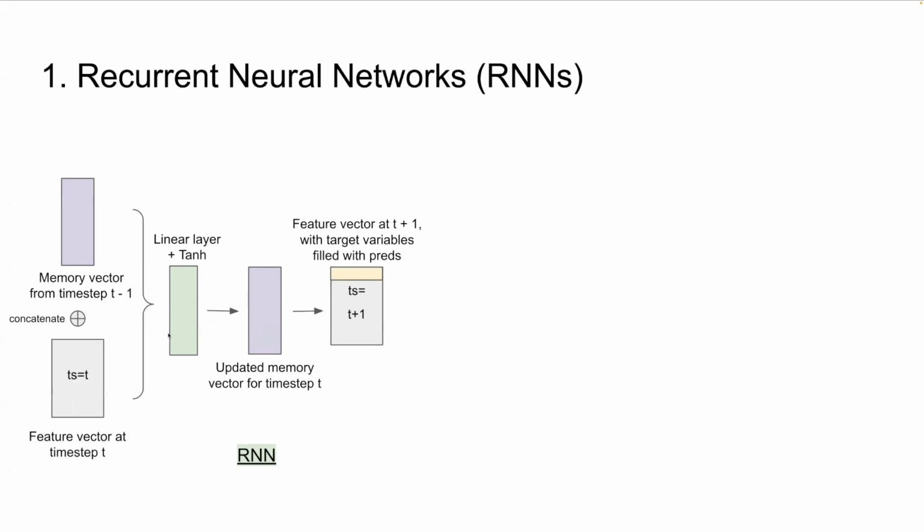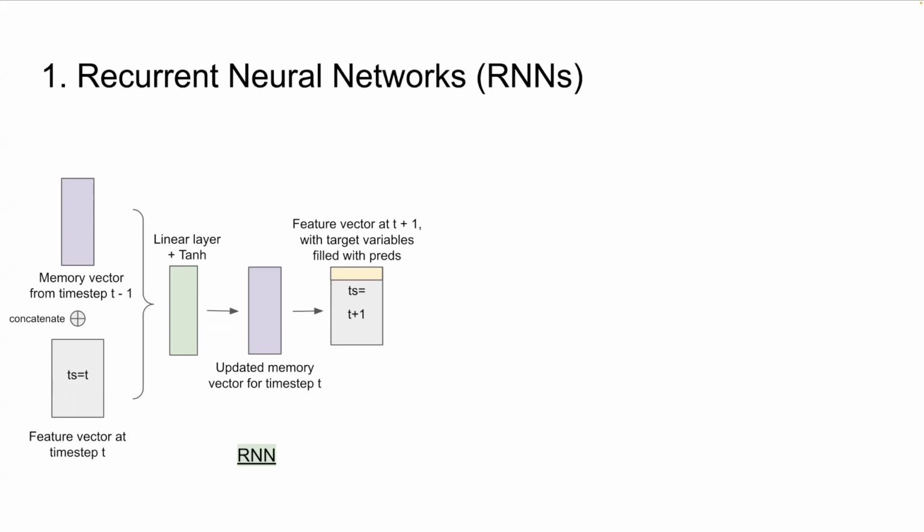This is the same picture as the last slide, with the exception that I want to highlight that if you directly predict the target variable based on this memory vector, you're only having one layer of the recurrent neural network.